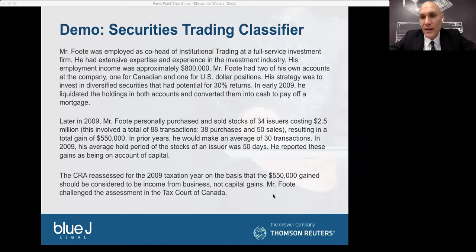If that's what I'm doing, then that looks more like it's not really frequent trading. If on the other hand, I'm just basically delegating to someone who's going to be trading all the time, then I think you would go with what the prediction would be coming out of the securities trading classifier. But again, this is going to depend on how the courts want to characterize that circumstance.